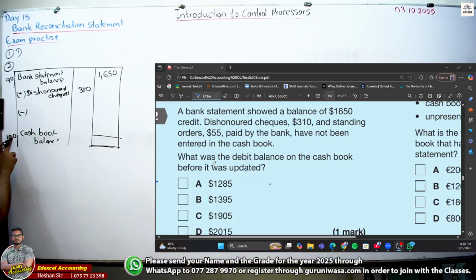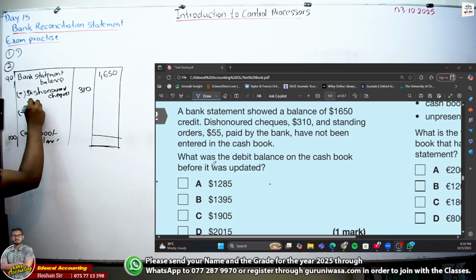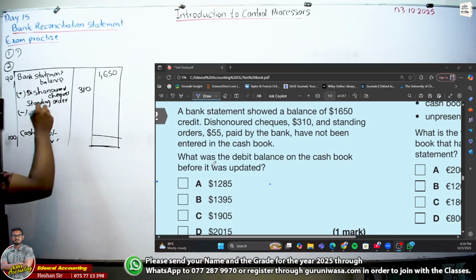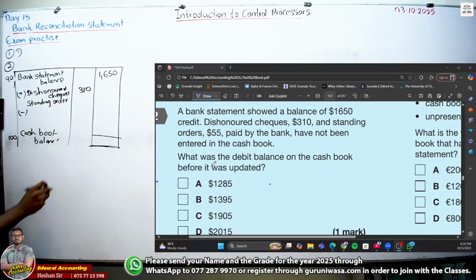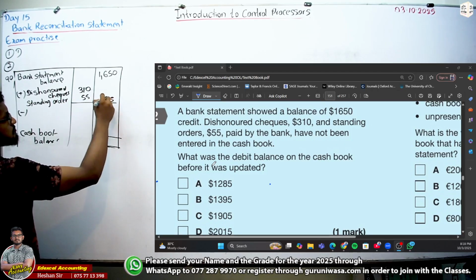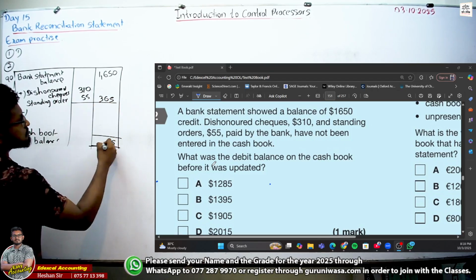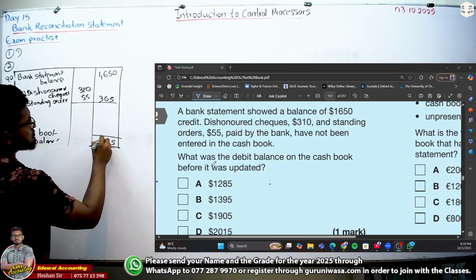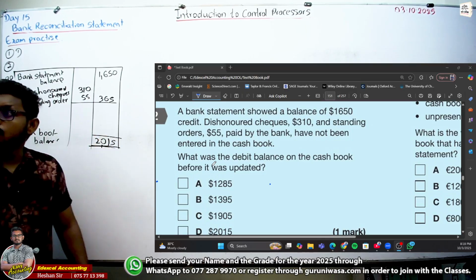Let's see the next one. Standing order. Because of the standing order, bank statement balance is deducted. This is the same, so this should be added. Standing order, how much? 50. 2050.